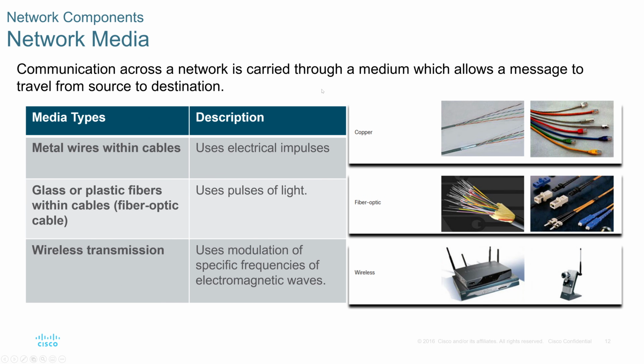Finally, another network component that we should be paying attention to and that is often forgotten is the network media. The network media allow communication across networks through a medium which allows messages to travel between source and destination. In the old days, most of the network media was made out of metal wires.